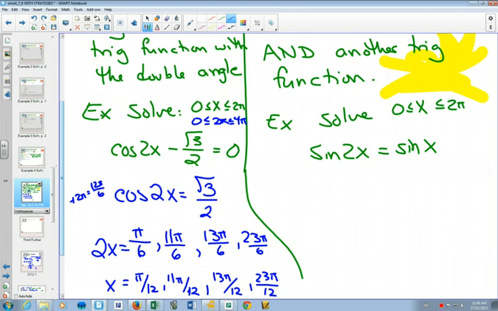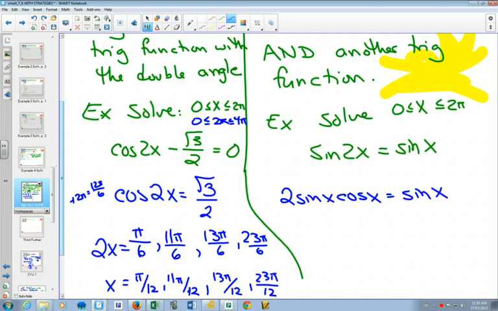The second question, on the right, we have sine 2x equals sine x. We do have our double angle and another trig function. So in this case, we're going to change this to 2 sine x cos x, because that's what sine 2x is equal to. We still have sine and cos. This is where you're going to be tempted, again, to divide both sides by sine.